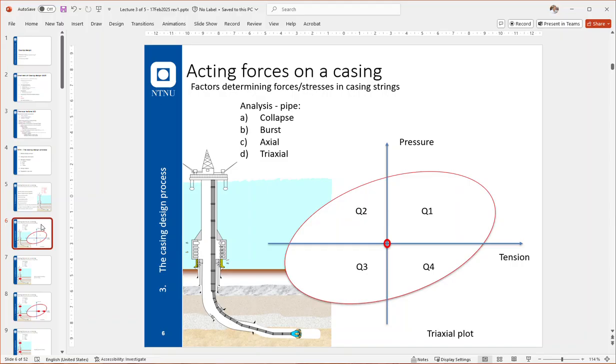The red oval or circular shape is called the von Mises plot, and the vertical is pressure and the horizontal is axial stress. It's basically just an orthogonal plot inside the von Mises equation, which forms that red circle.